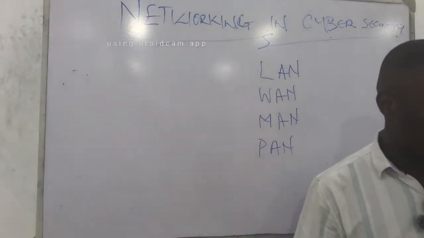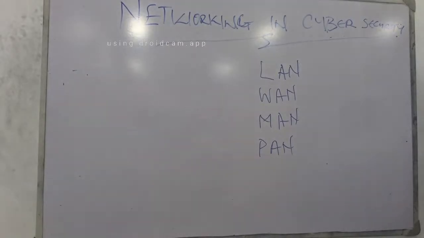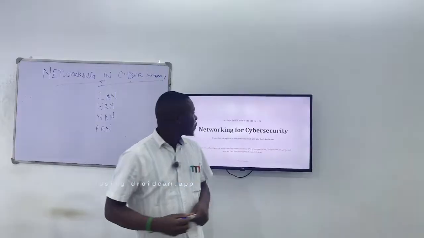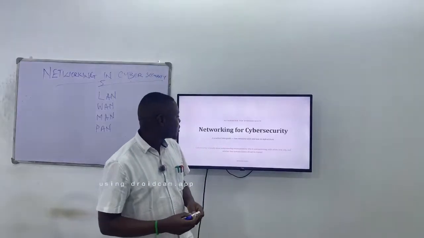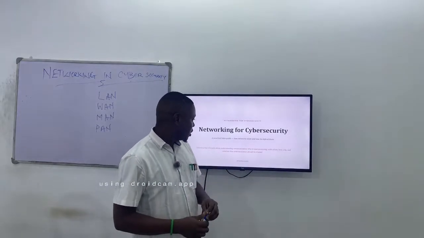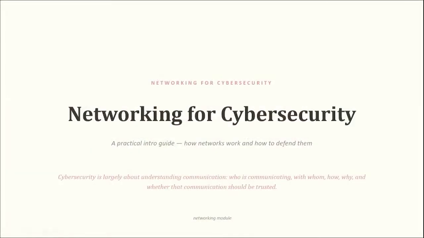Moving on, we'll be breaking down these types of network and how they function. So, networking for cybersecurity: a practical intro guide to how networks work and how to defend them. Cybersecurity is largely about understanding communication: who is communicating, with whom, how and why, and whether that communication should be trusted.